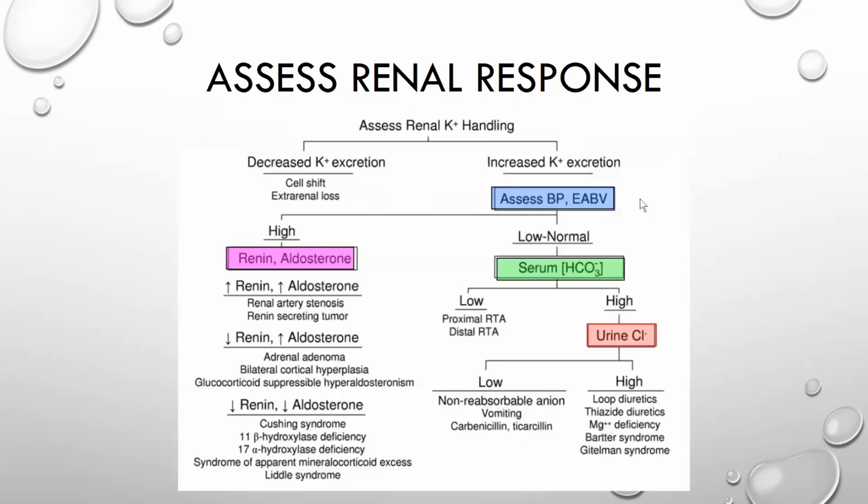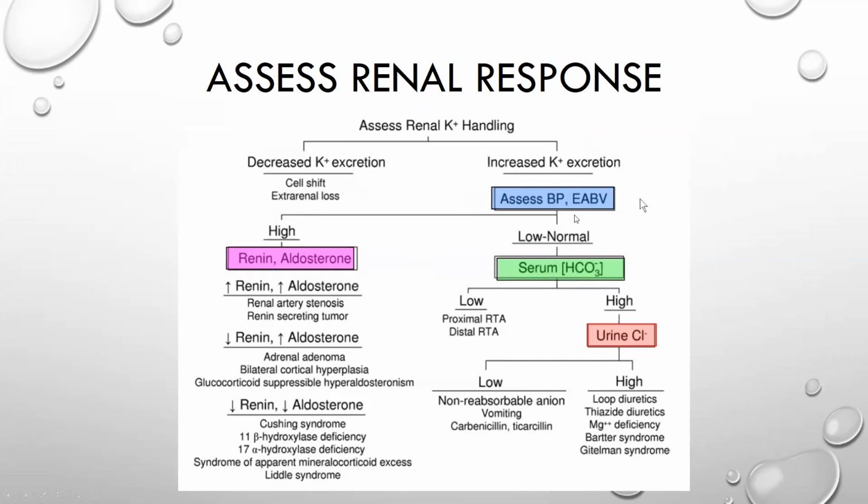So this is kind of an algorithm, if you will, of a workup for hypokalemia. We want to mainly assess renal potassium handling, and mainly we're interested in this part over here, which is the kidneys dumping potassium inappropriately.